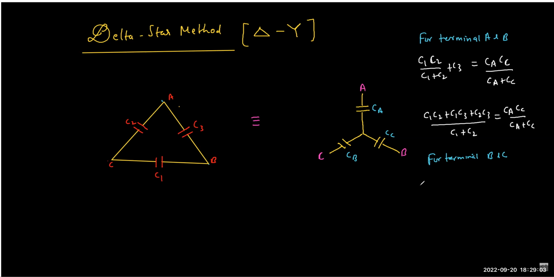So for B and C, it is C2 C3 upon C2 plus C3 plus C1, right? On the RHS, we can write CB CC upon CB plus CC. And if you rearrange, you can again see we are approaching some sort of definite pattern.